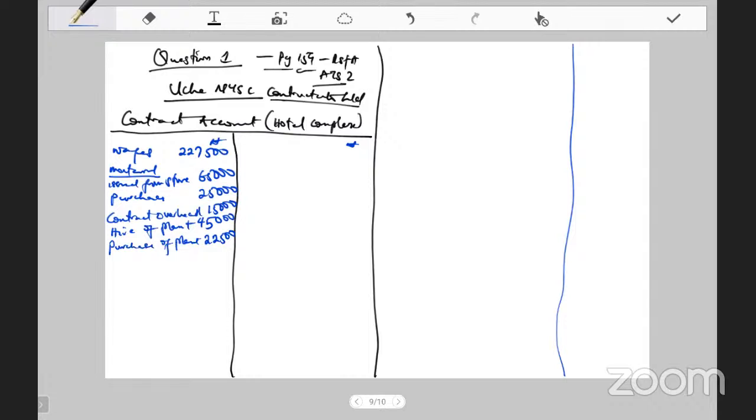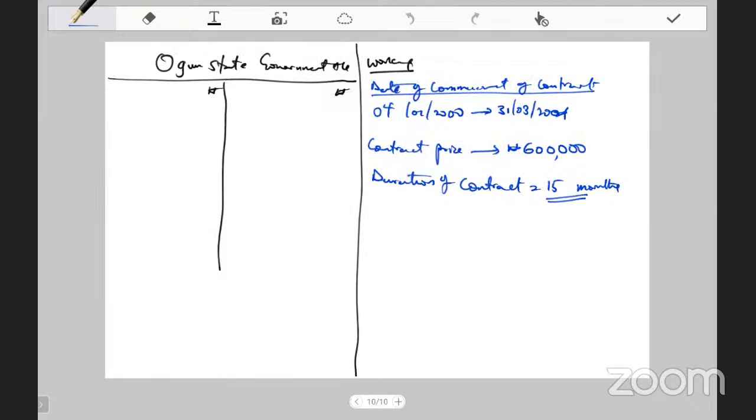So what is the next information that we have? Let's go to the next information. Can you take that from the next preamble? What do we now have? As at 31st December 2000, the following additional expenditure were expected to be made to bring the contract to completion.